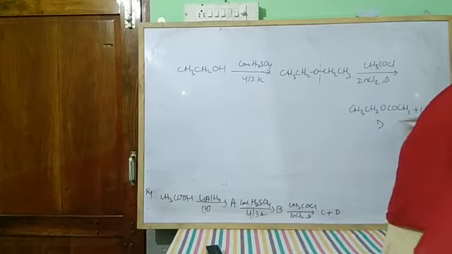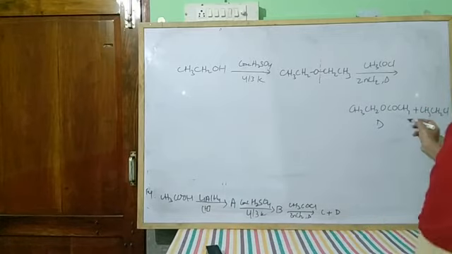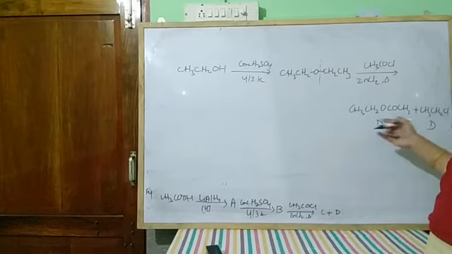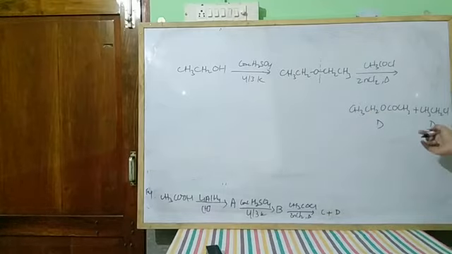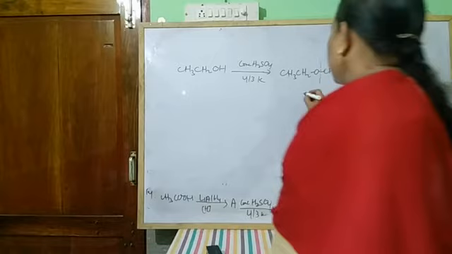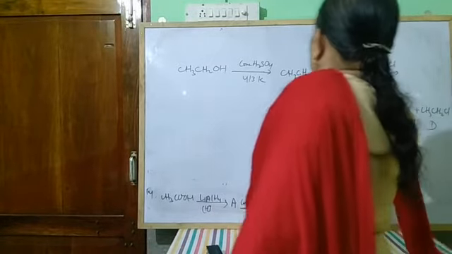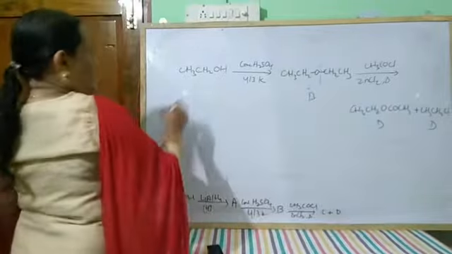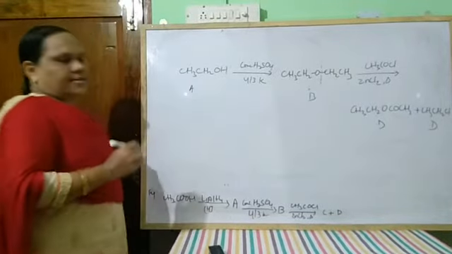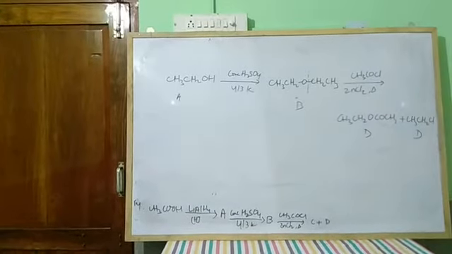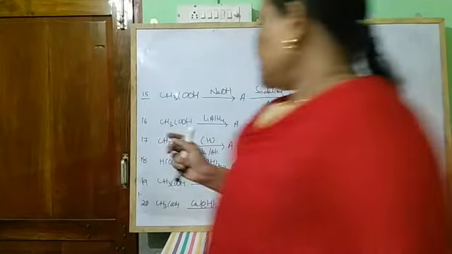So C plus D. So this is ethyl acetate, ethyl chloride, and this is your diethyl ether, and A is ethyl alcohol. Next, come to next question.